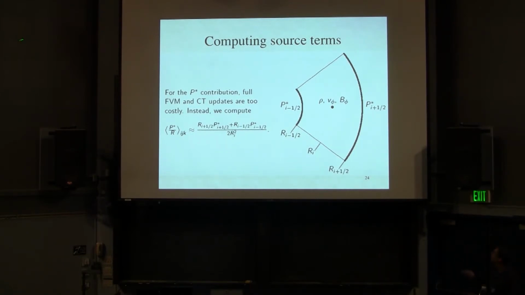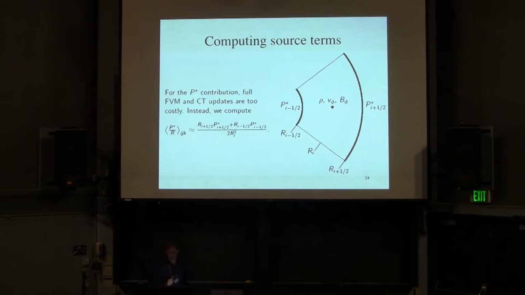So we know the time average pressure at the cell faces, and then we just do an arithmetic average or appropriate average of the pressures at cell faces to calculate the pressure at cell center, and that leads to a second-order accurate estimate for what the pressure should be averaged over the time and volume of the cell. There are different ways to go, many of which are consistent to second order, but this is just what we happen to do in Athena.